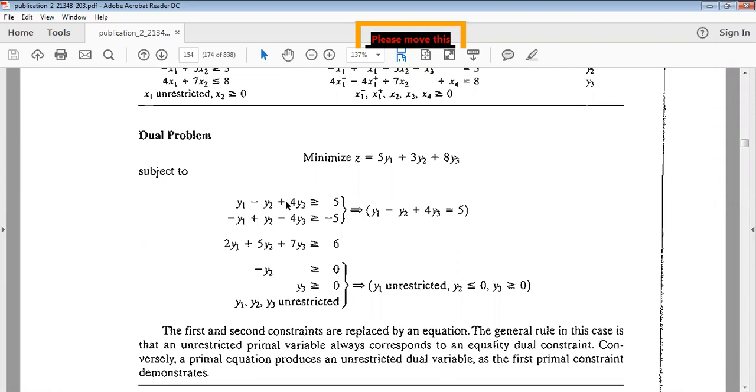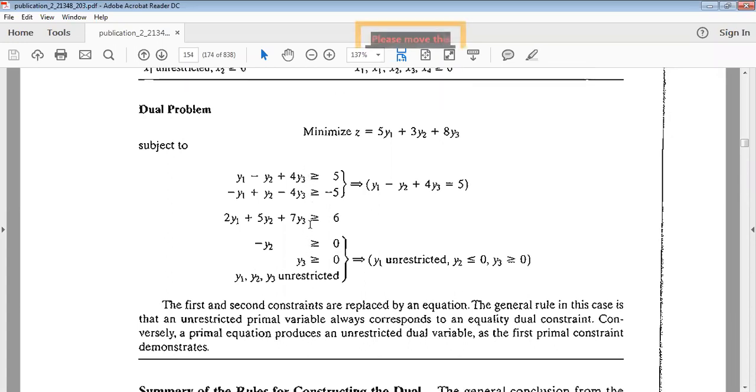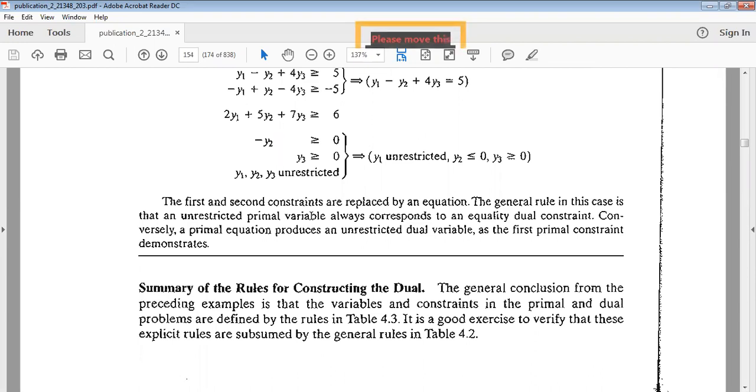Instead of two equations, you will finally arrive at this particular single equation, second equation, third and fourth, all these things, and find out a solution for this dual problem. So all this entire minimization problem through this particular simplex method or graphical method, whatever, big M method, whatever it may be. All these things are greater than, and automatically you have to solve it by big M method, or graphical method, whatever it may be.